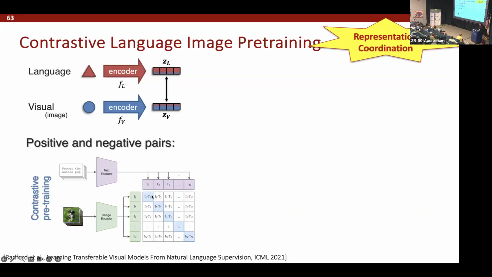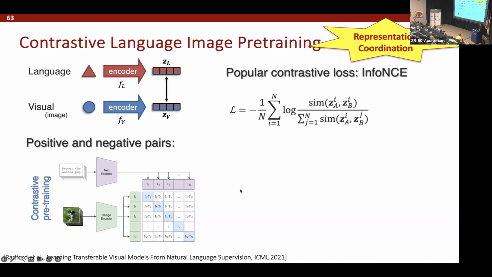So if you take in a batch and compute a similarity matrix, everything on the diagonal would be the entries with the positive pairs with the other data modality, and everything off the diagonal would be negative pairs. And these models are trained with a contrastive loss that tries to maximize the similarity of positive pairs, where similarity is something like dot product or cosine similarity, and minimize the similarity of negative pairs.